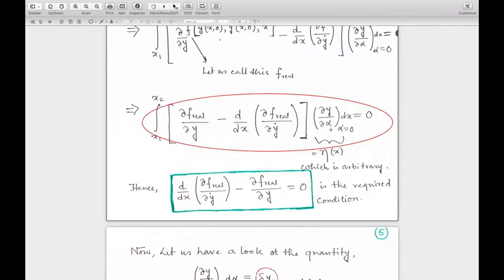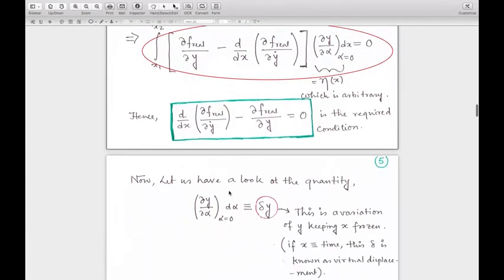We can actually choose any function, and dx is also arbitrary. So if they are arbitrary, the only possibility for the integral to always vanish is that the expression within this bracket should vanish. And this is the condition for f real to give a stationary value of J.